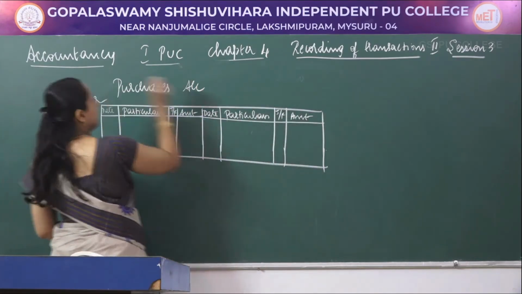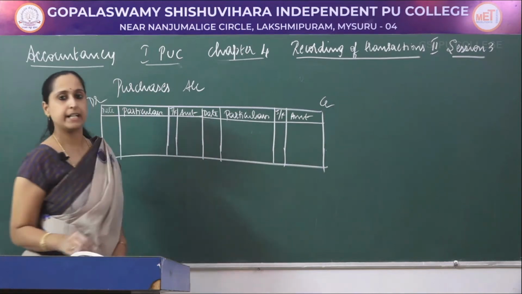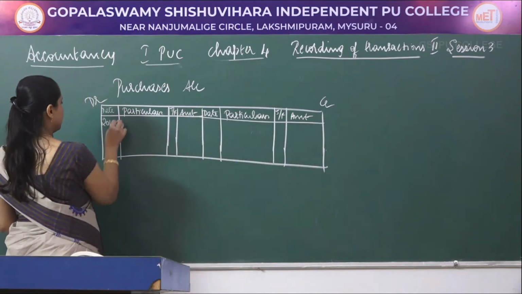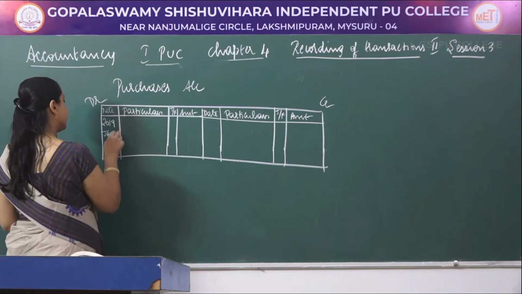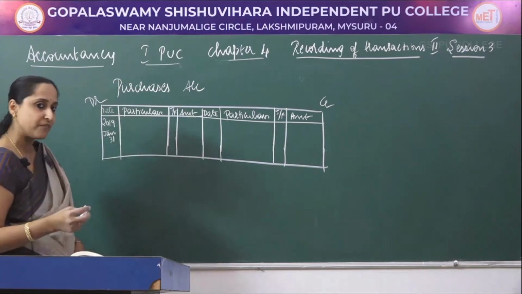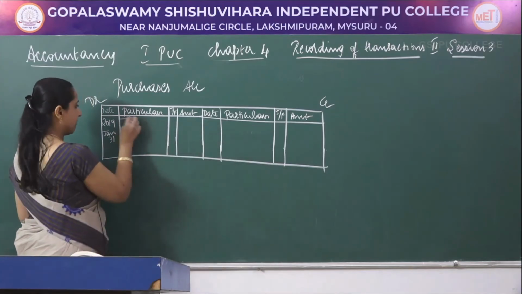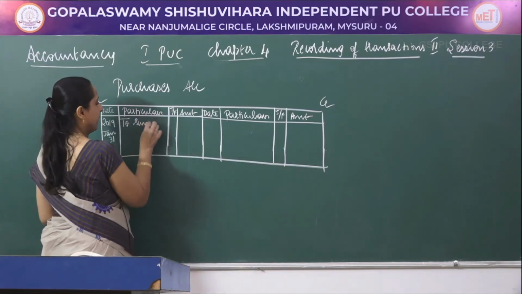This is debit, this is credit. On January 2019, so we usually prepare ledger accounts by the end of the month, so we have to write the date as January 31st.